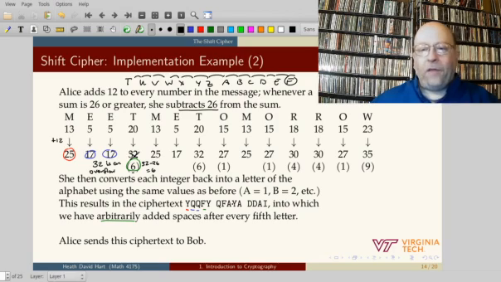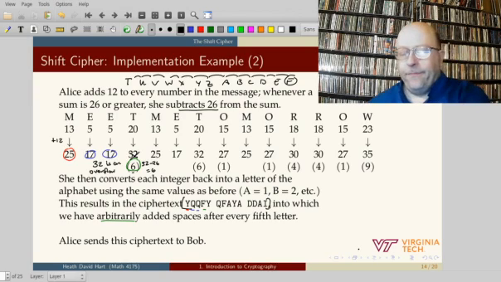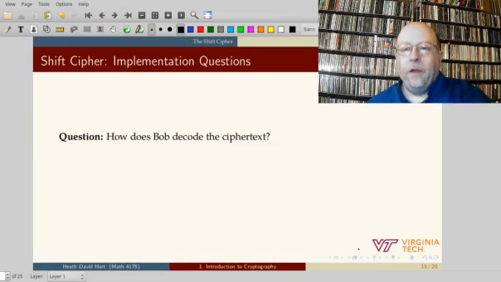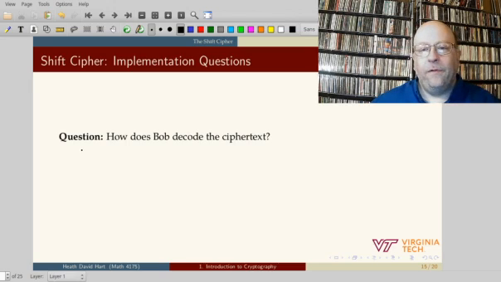So Alice sends this ciphertext to Bob. That's the message that she sends out. YQQFY, QFAYA, DDAI. So how does Bob decode this ciphertext? So that was the first 5 letters of the message.